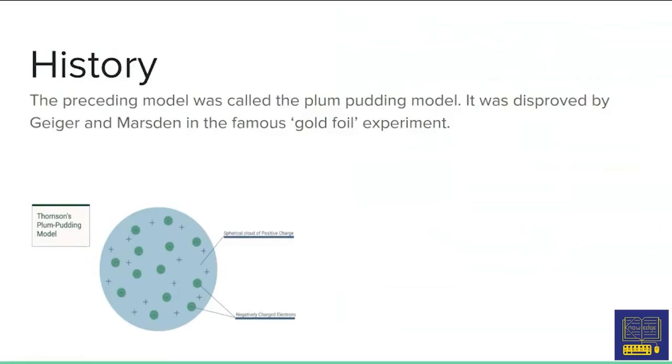And there was a very nice way of disproving this, which was actually called the gold foil experiment. And I encourage you to read about this. It's really interesting. And depending on which syllabus, they may or may not ask you questions about this, but it is definitely something that you should know.